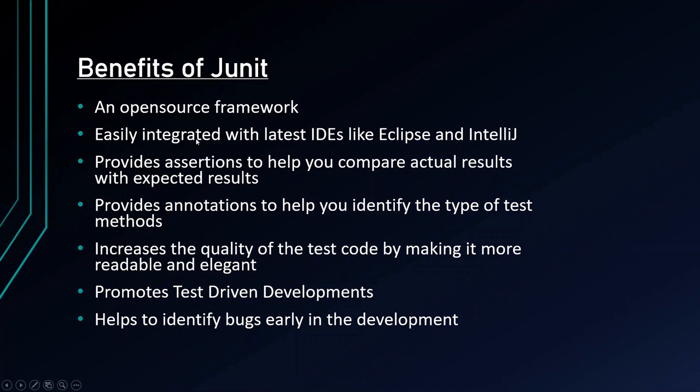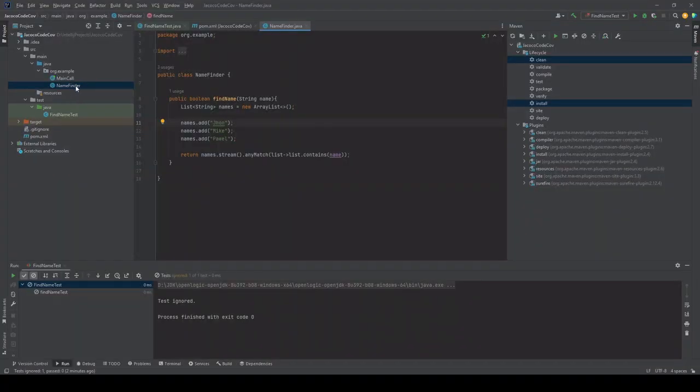Let me switch to the IntelliJ IDE and show you how you can add it into a Maven project, and then we will write a few simple test cases. So I have two classes. One is the NameFinder, which has just one method, which takes a string name, and it has a list that already contains a few names: John, Mike, and Powell.